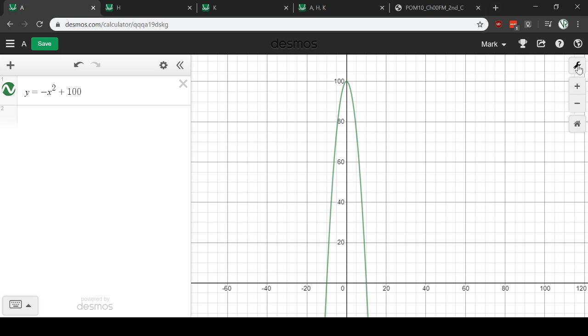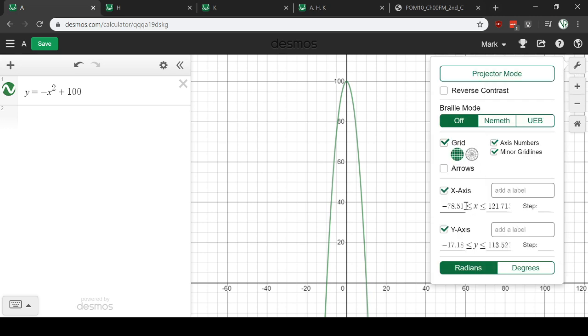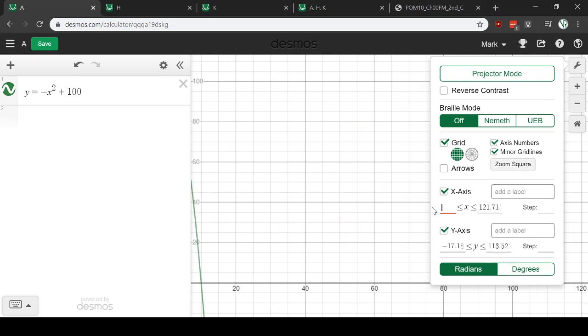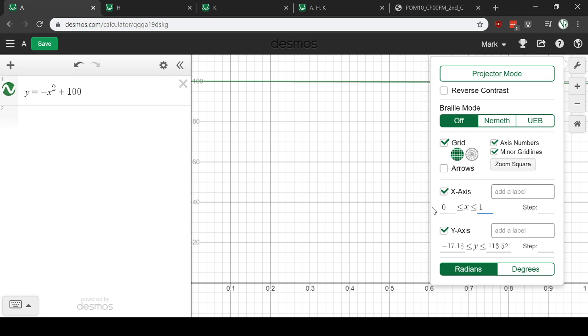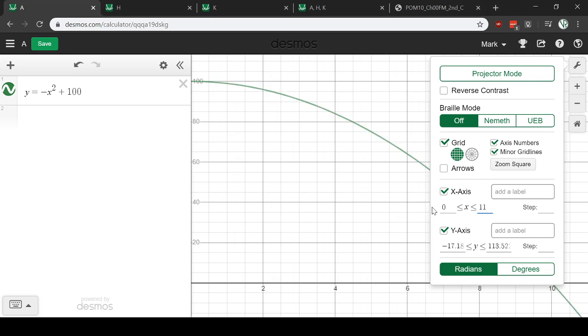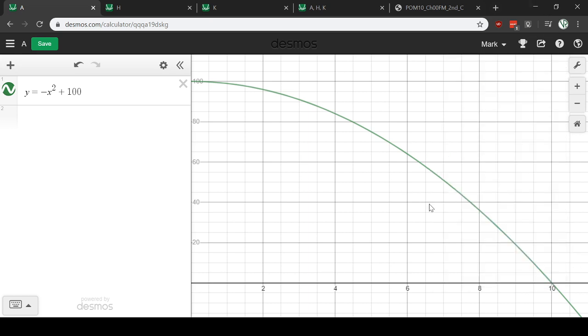I can actually change the scale of this x-axis. It's only going to be positive areas, so I'm going to throw in 10 just to see that axis. Actually, the y-axis looks pretty good. So there is the graph, the whole parabola there, and the portion that you would use for this.